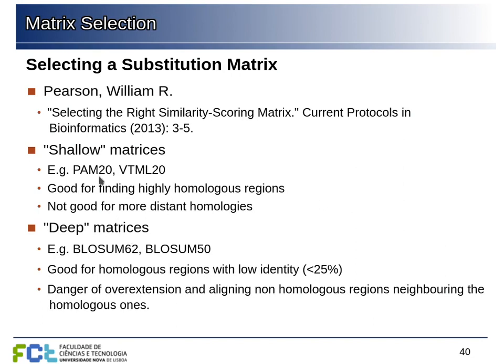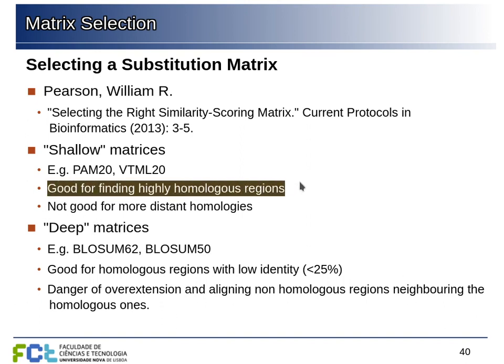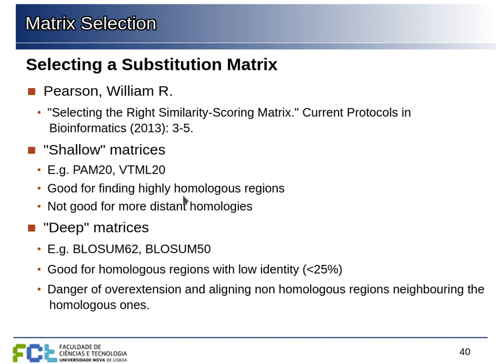So basically, shallow matrices could be these, PAM20, VTML20, or something like that. These are good for aligning highly homologous sequences or finding highly homologous regions when you do local alignment. These are not very good when you have different sequences that are moderately different, so more divergent.